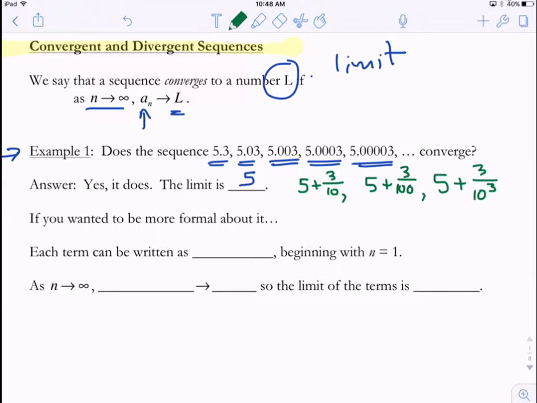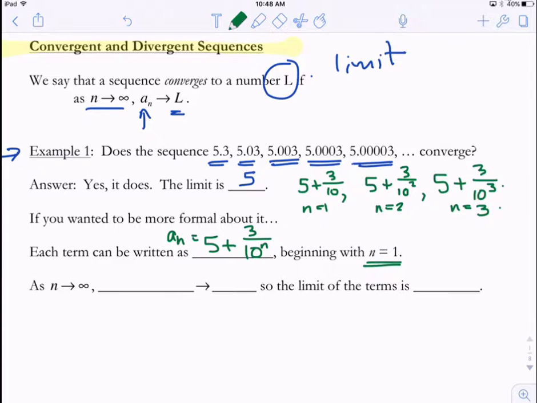So you can see the denominators here are powers of 10. And if this is n equals 1, n equals 2, n equals 3, it might be clear that you can say that a_n is equal to 5 plus 3 over 10 to the n, where I start with n equals 1. The exponent matches the n.